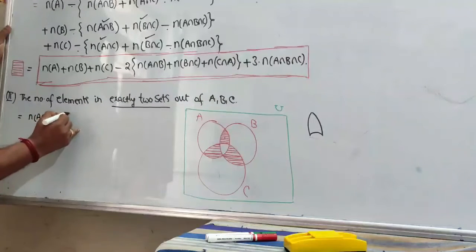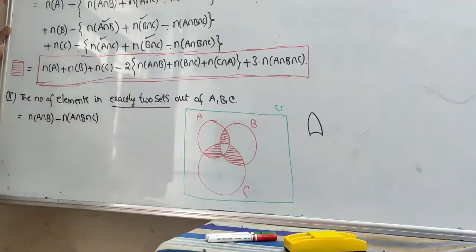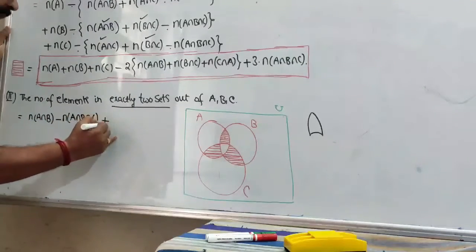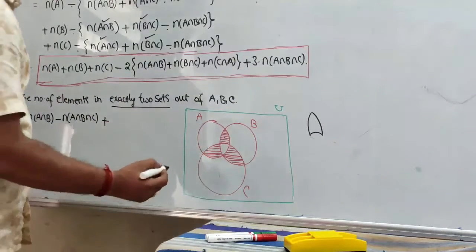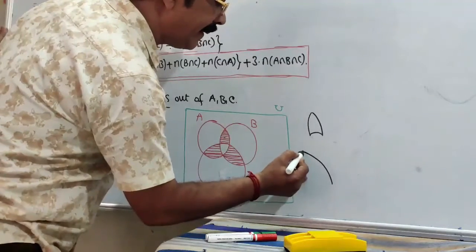Minus n of A intersection B intersection C. Next, plus n of B intersection C, this area means BC area.